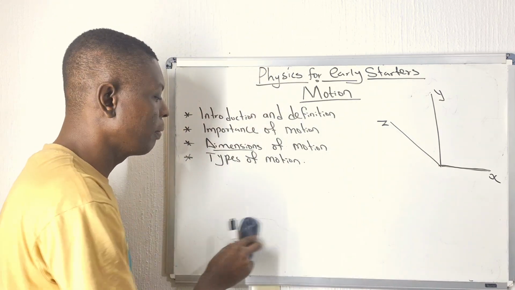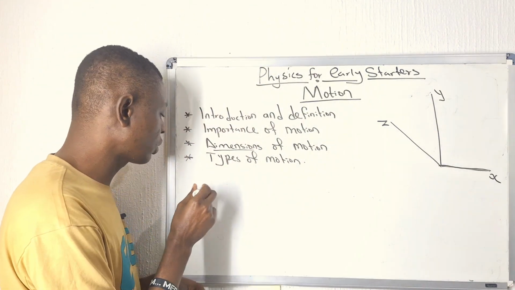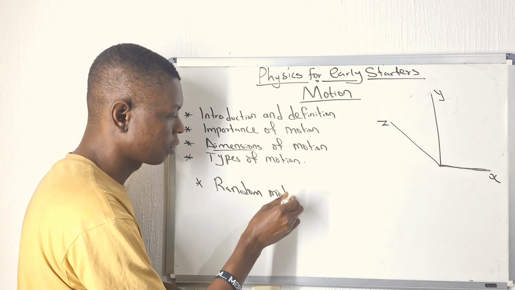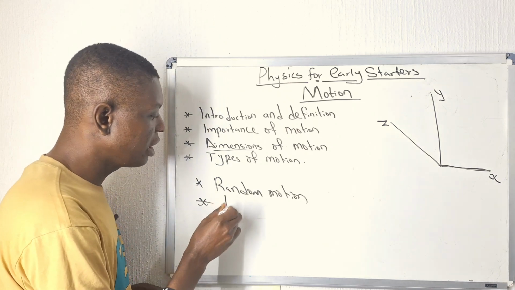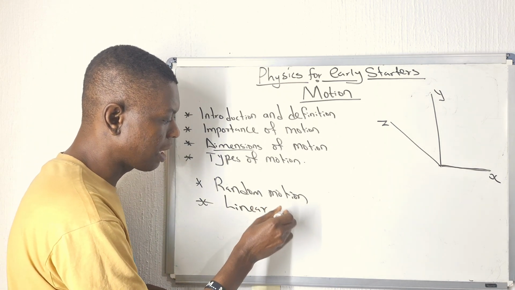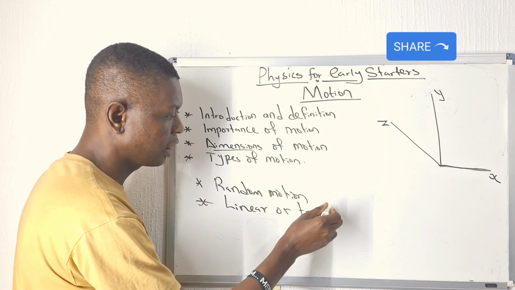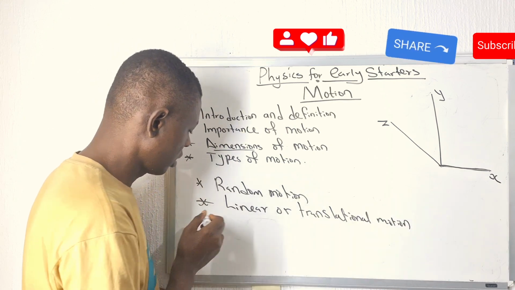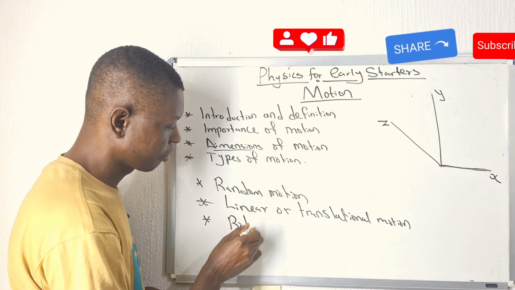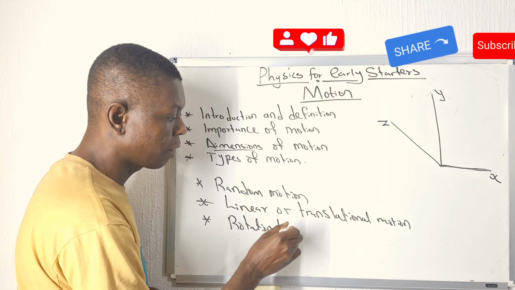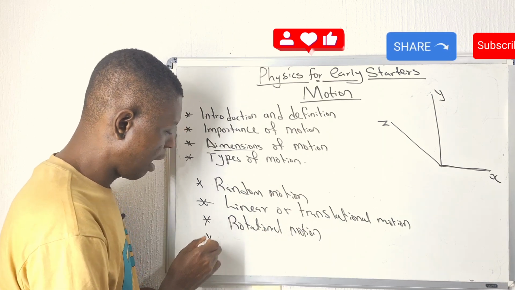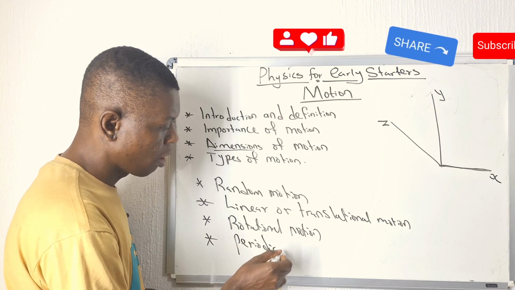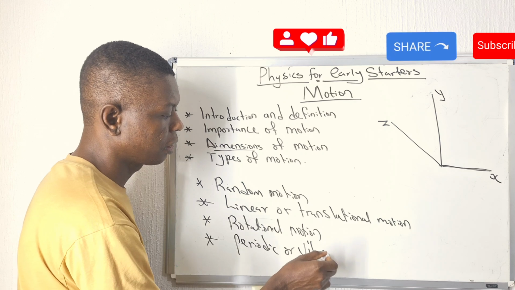The four types of motion that we normally have or is being studied are the random motion, the linear or translational motion, the rotational motion, and the periodic or vibrational motion.